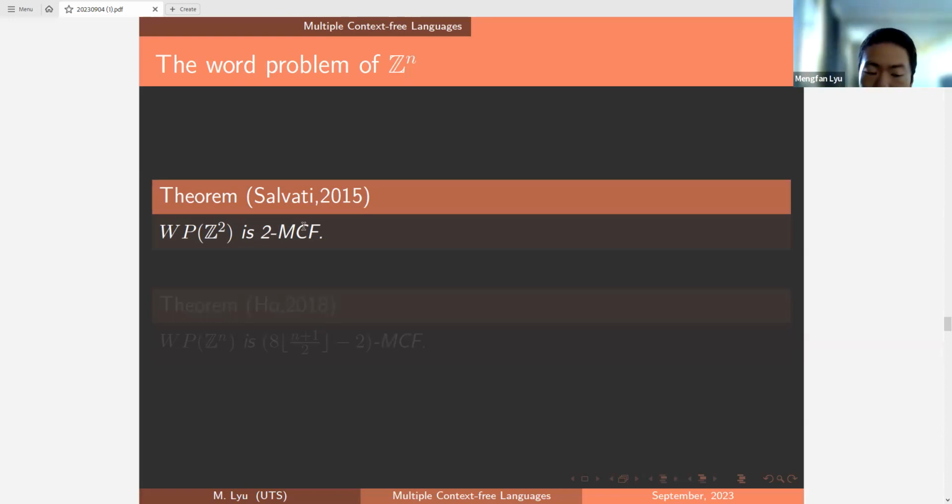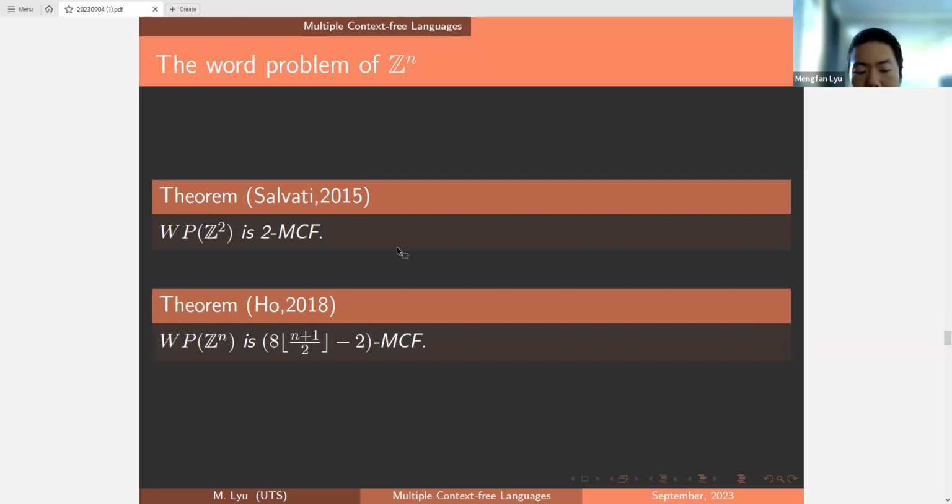As we talked about before, the word problem of a group is context free if and only if the group is virtually free, but certainly Z squared is not virtually free. But we can prove that the word problem of this group is 2 multiple context free.